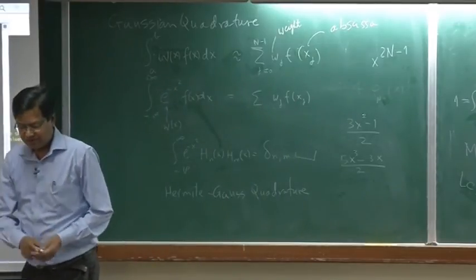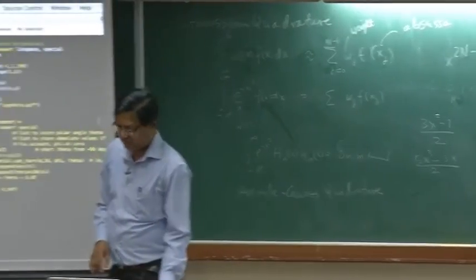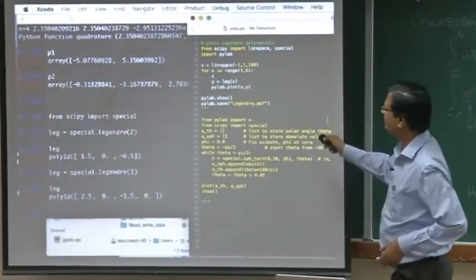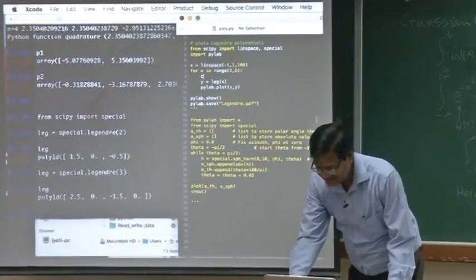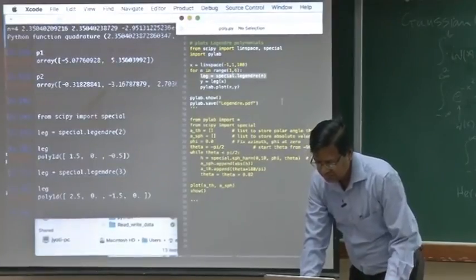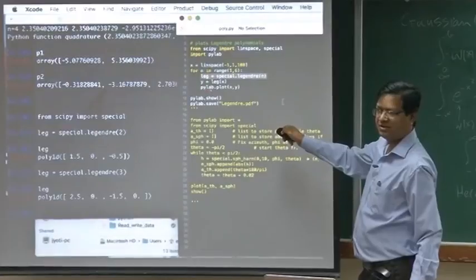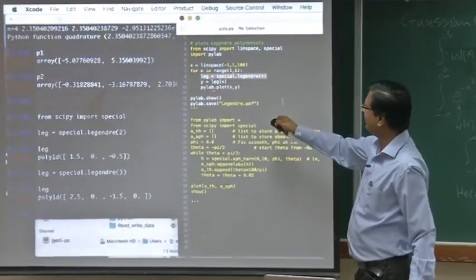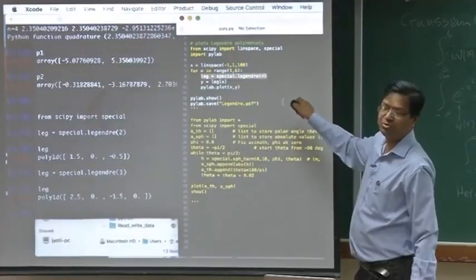So this is what I did here. I wanted to plot, so I need numerical values. So I put a linspace. So I compute array y with the Legendre x and plot. So this will plot all of them in one loop.